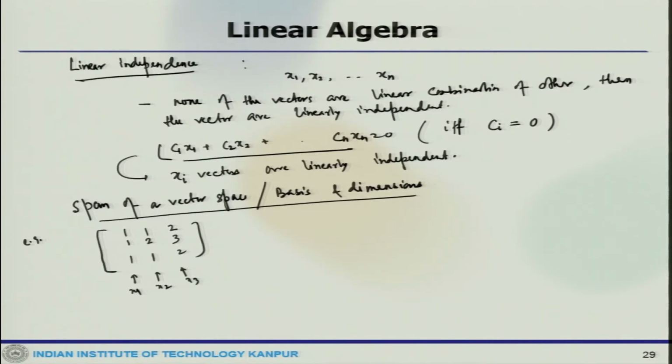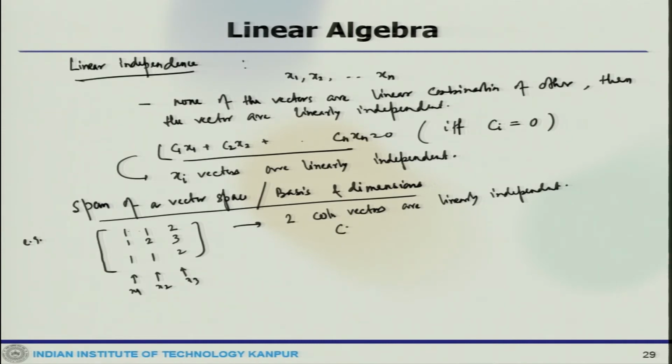Now, that is one situation. In the other case, with these column vectors, if you see carefully, if we add these two we get the third one, or from the third one we subtract the second one we get the first one, which clearly means any 2 column vectors are linearly independent, not the third one.